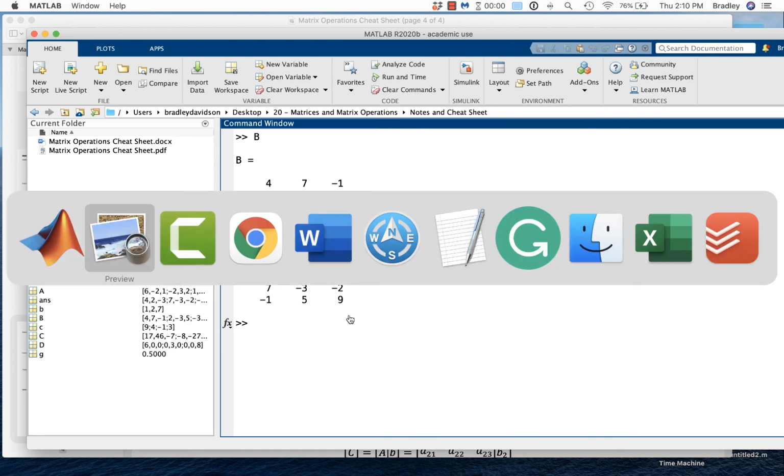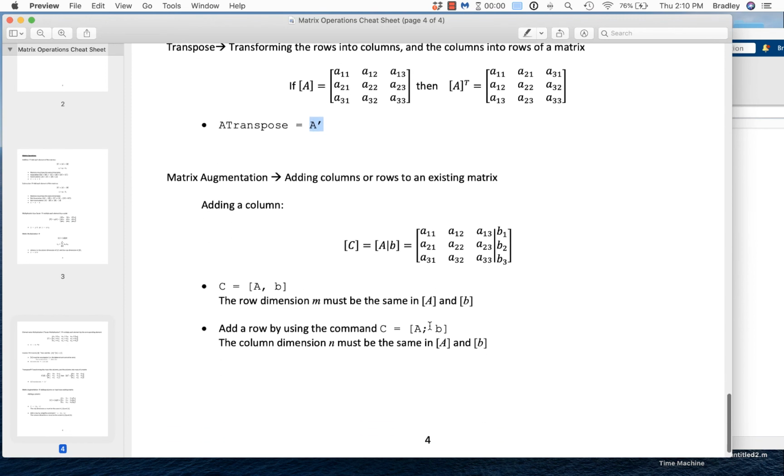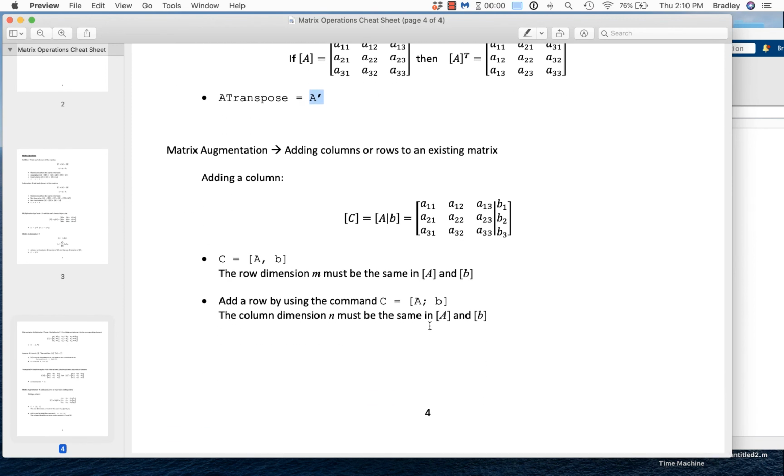All right, so one last operation before we wrap up is called matrix augmentation. And matrix augmentation is where we're adding a column or a series of columns, a row or a series of rows to an existing matrix. And so here we're saying that our matrix C is equal to the augmentation of A and B. And so augmentation means that we're adding to something.